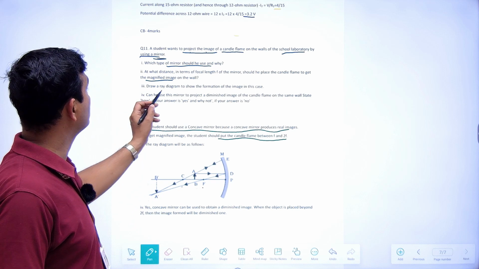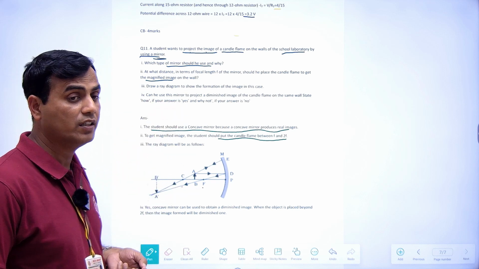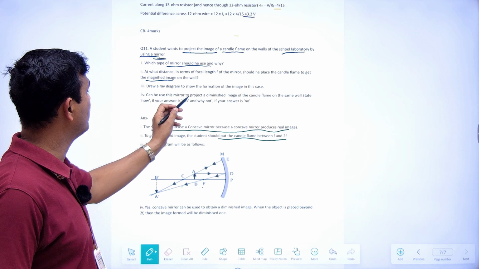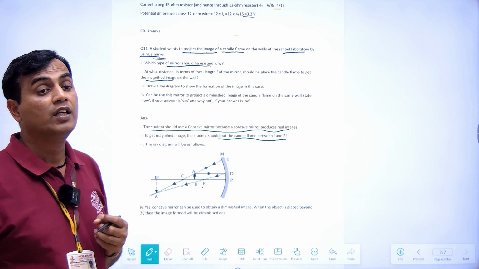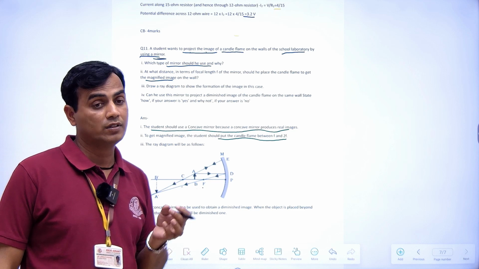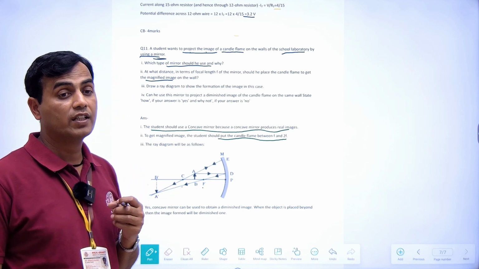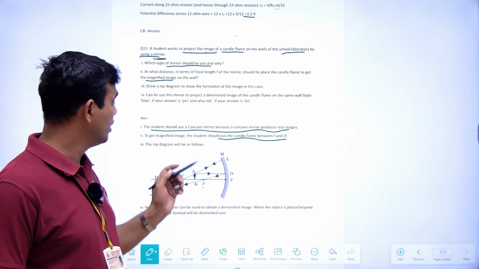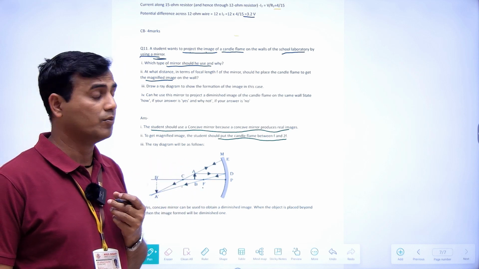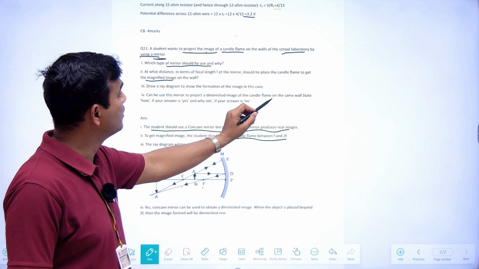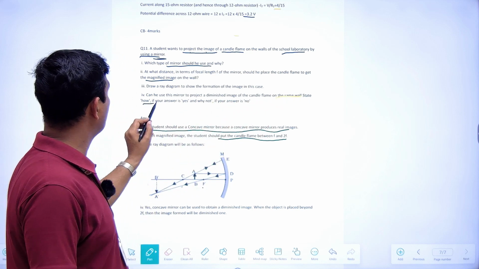The third question: draw a ray diagram. Here is the ray diagram. And the fourth question: can he use this mirror to project a diminished image? Now he is asking that we have already got an enlarged image, but can we get a diminished image if the object position is changed? Then state how.